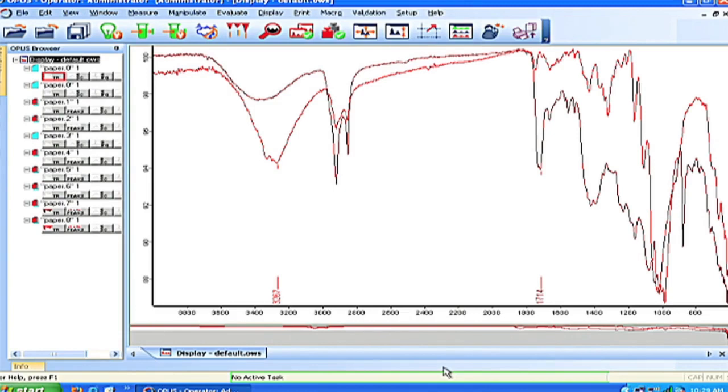Paper is made of cellulose. It doesn't have any C=O bonds in its molecule, so there's no absorbance in the same area where we saw the polyester absorbing. But cellulose has lots of hydroxy groups with OH bonds, and these absorb in that region above 3000 wave numbers, and that's what's responsible for this absorbance that's indicated at about 3200. So using the infrared spectroscopy, we can very quickly tell what these different things are all made of.